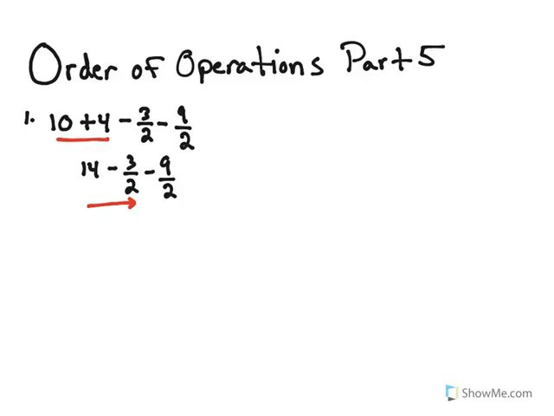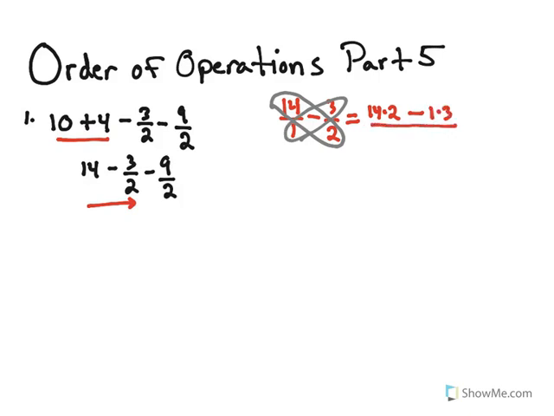So when we do that, we're going to write 14 over 1, and we're going to take away 3 halves. If you use the butterfly method, that's pretty straightforward. That's going to equal 14 times 2. Remember, we're subtracting, and then we're going to do 3 times 1, or 1 times 3.